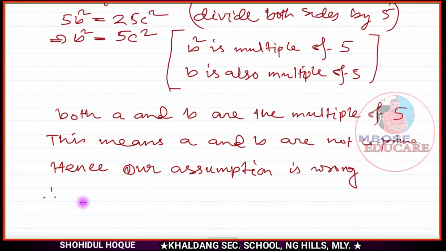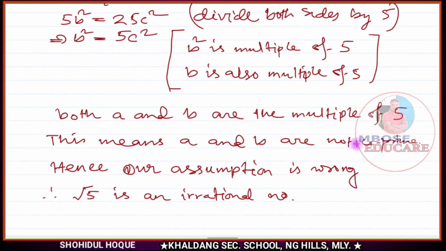Therefore, we can conclude that root 5 is an irrational number. All right. So we have solved here question number 1.